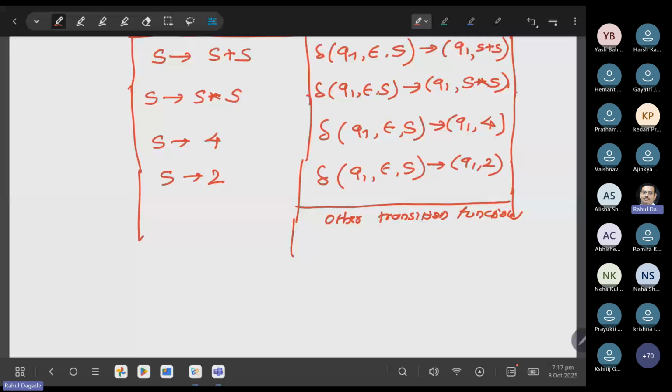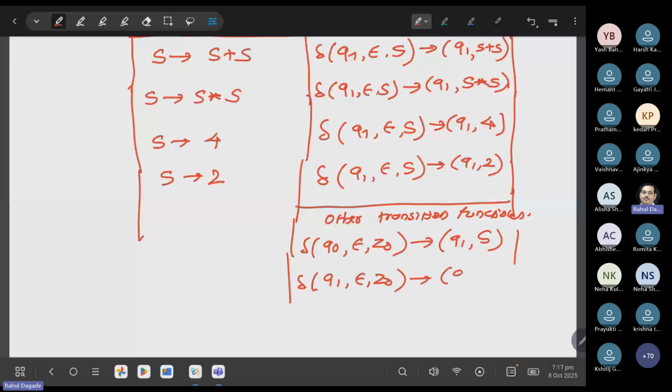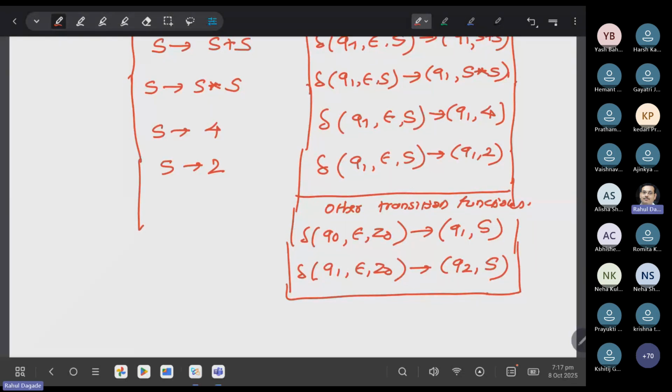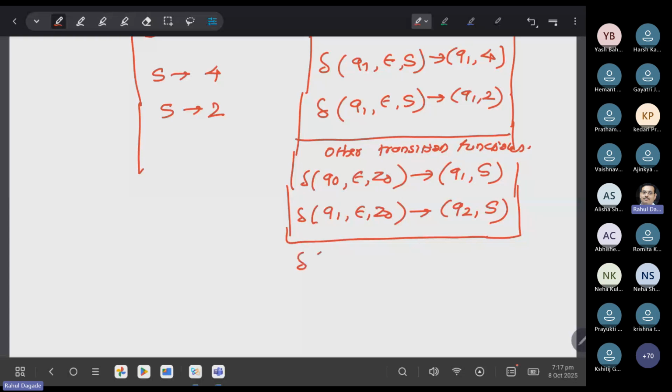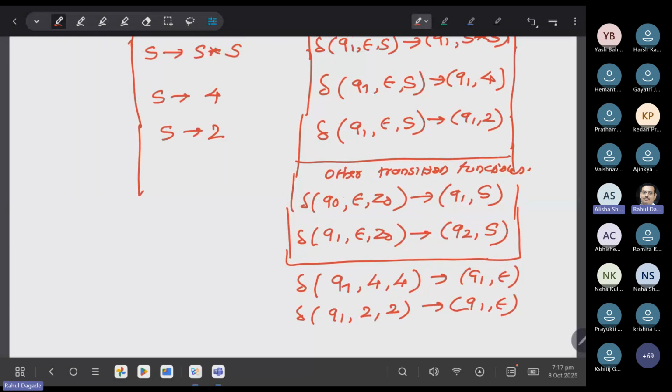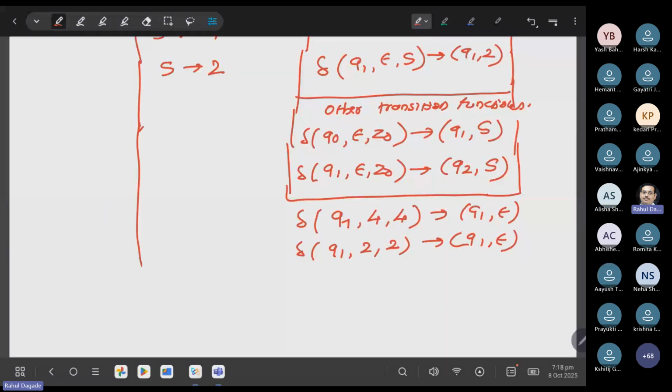Similarly, when we are in Q1 state, null is the input and Z0 on stack, then we come to Q2 state, Z0 on stack. So these two extra transition functions are there, and along with them we have pop functions: delta Q1, 4 is the input and 4 is on stack, then we pop it, that is Q1 null, and delta Q1, 2 is the input, 2 is on stack, then we pop it. So these transition functions are there in this PDA.